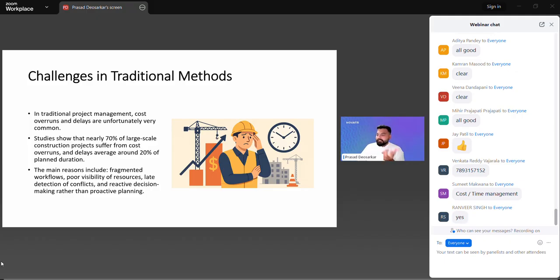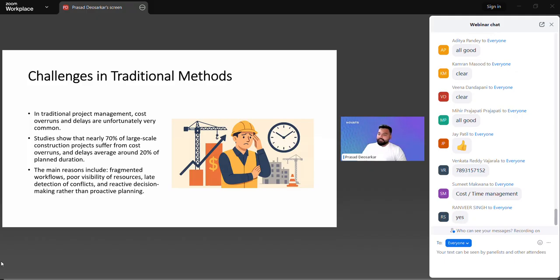So what are the current challenges that our construction industry has? Cost overruns and delays are extremely common. We all, coming from this kind of background, might have been involved in projects that often overrun.